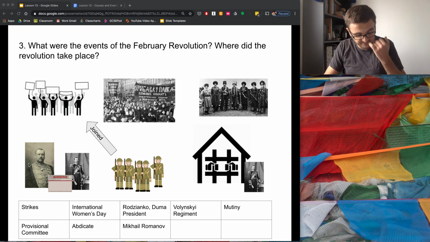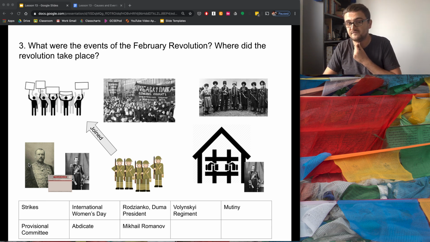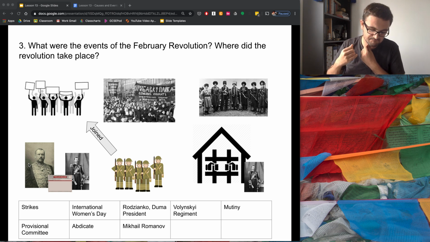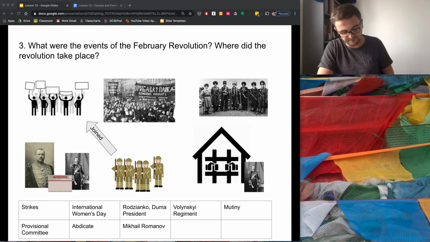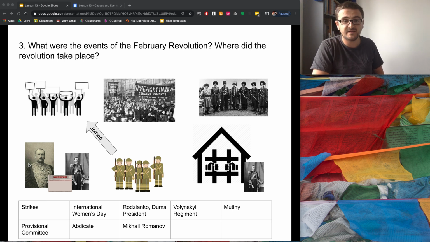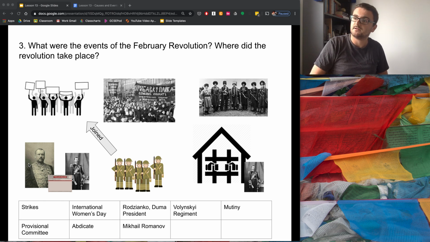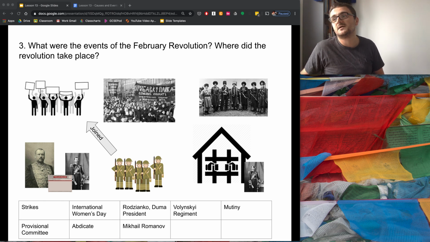However, funnily enough, Mikhail rejected that offer of regency, and instead decides to effectively end 304 years of the Romanov dynasty over Russia. And Tsar Nicholas is put under house arrest.